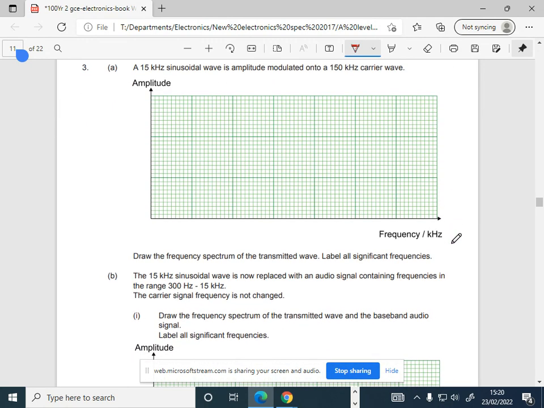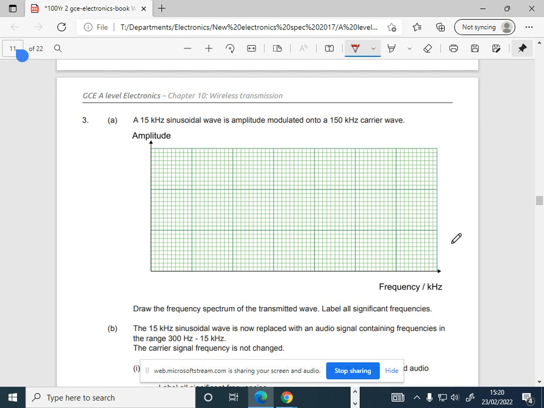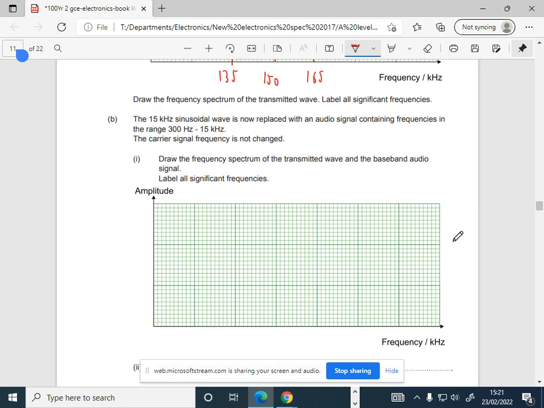Amplitude modulated, what we're drawing, frequency spectrum. Oh, this is bog standard. So we've got 150 in the middle. Again, that will do one either side, about there and about there. And then you have to label it. So 150, 165, and 135. Audio. So you can do them as little boxes. You could do one box, or you can do little boxes.